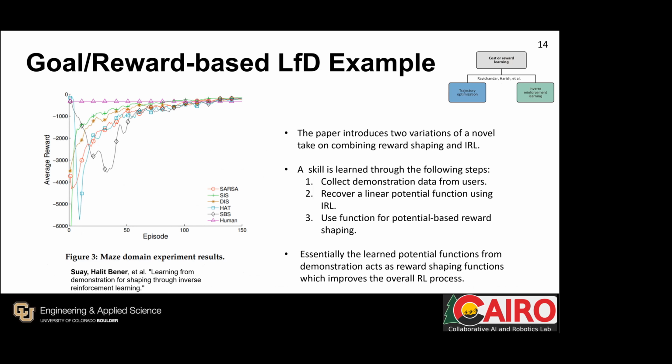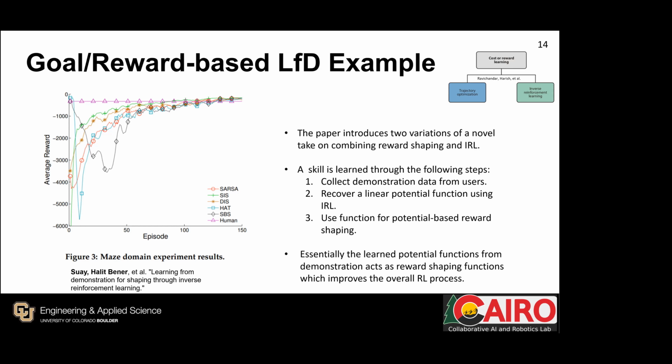In a paper by Halit Bener Suay called Learning from Demonstrations for Shaping through Inverse Reinforcement Learning, the authors introduce two variations of a novel take on combining reward shaping with inverse reinforcement learning. For those who don't know, reward shaping is a mechanism that provides an intermediate signal or reward or heuristic during state transitions that augments the traditional environmental reward, which is typically much more sparse in reinforcement learning scenarios.